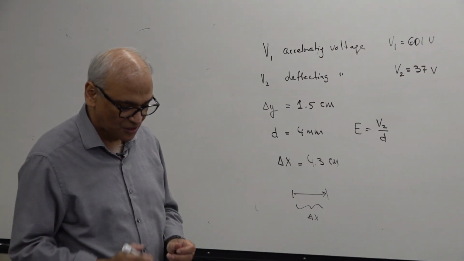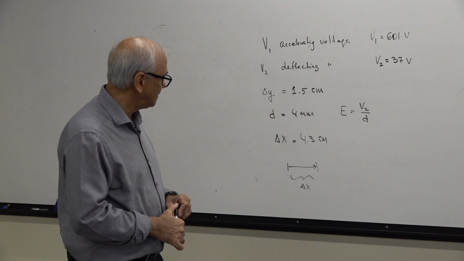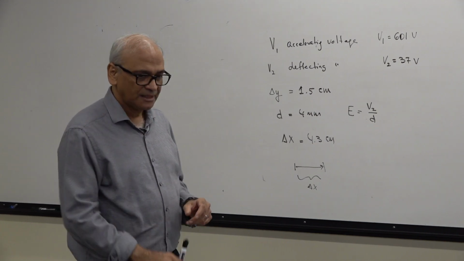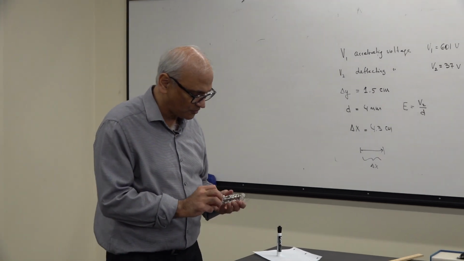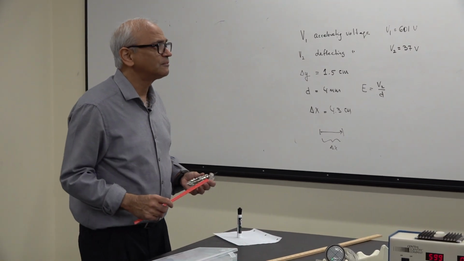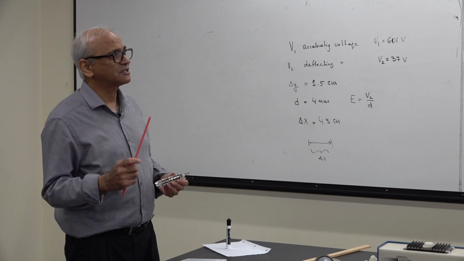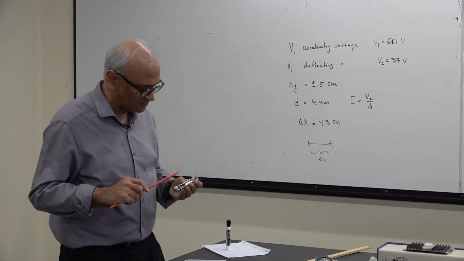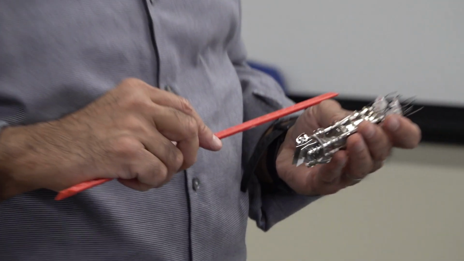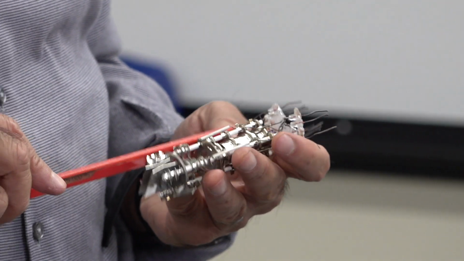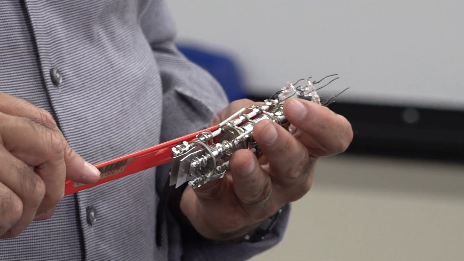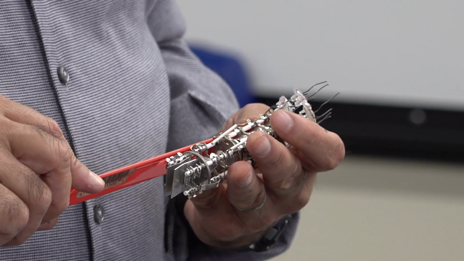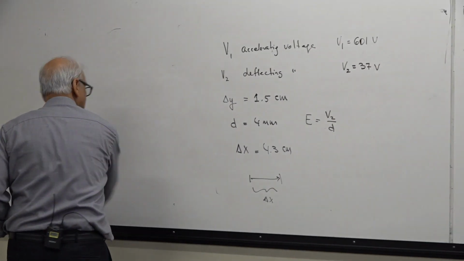All right. So let me just think about this one more thing. Actually, if I am looking at the horizontal distance covered by the electron during this time, it's not 4.3. I'm only looking at between the accelerating electrodes. Actually, it's not 4.3. It's actually 8 centimeter. My apologies. Actually, it's 8 centimeter.